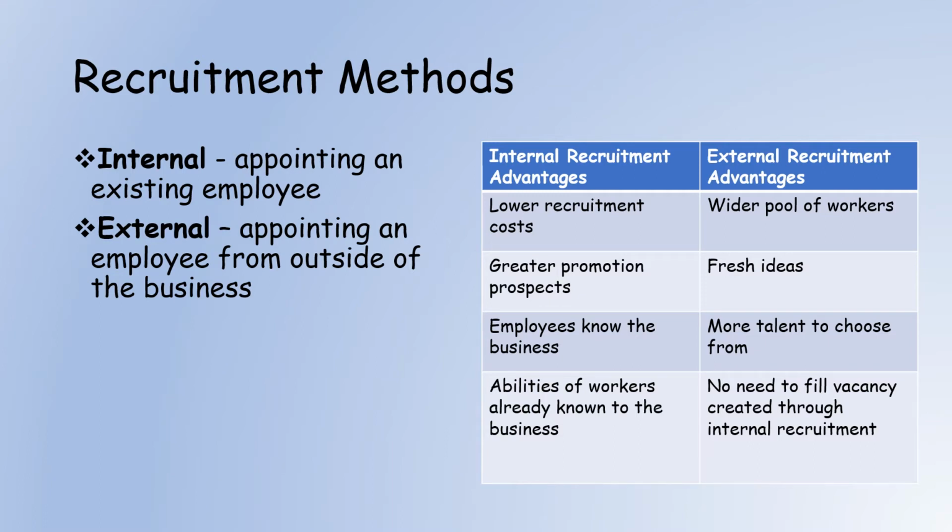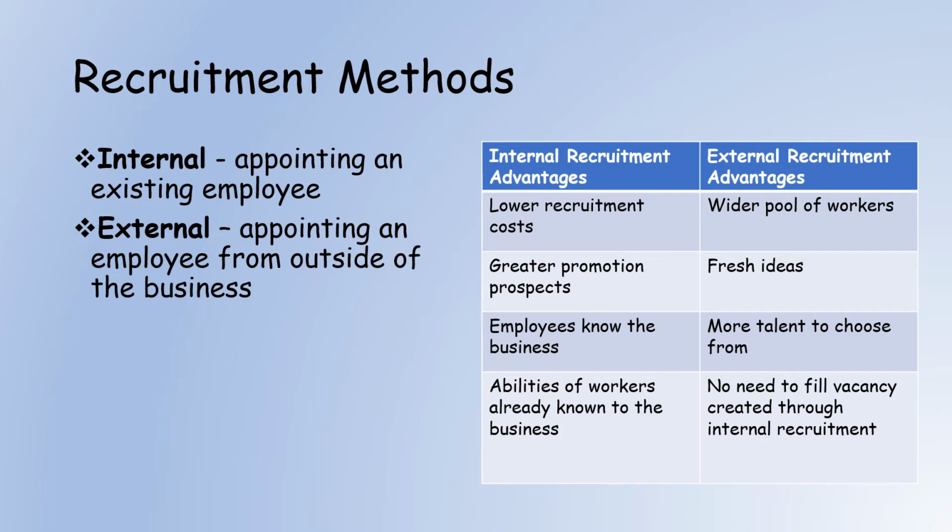Now, broadly speaking, there are two main categories of recruitment methods. The first one is what we call internal recruitment, and that is appointing an existing employee within the organisation to the new job. Alternatively, there is external recruitment.